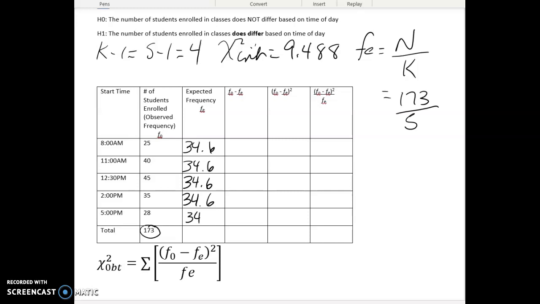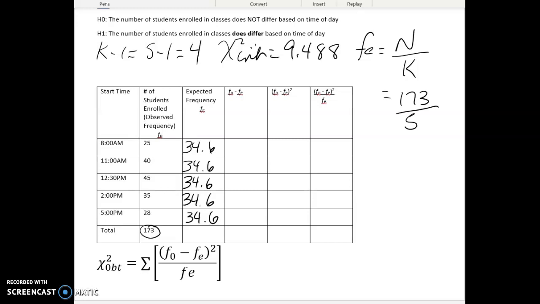Okay, so essentially what we're saying is that if our null hypothesis is true, then there should be equal numbers of students enrolled in each one of these classrooms, and that these numbers do not significantly differ from what we would expect. And then we just basically do it the same way. We're using the same formula, we're going to do our observed minus our expected frequency.